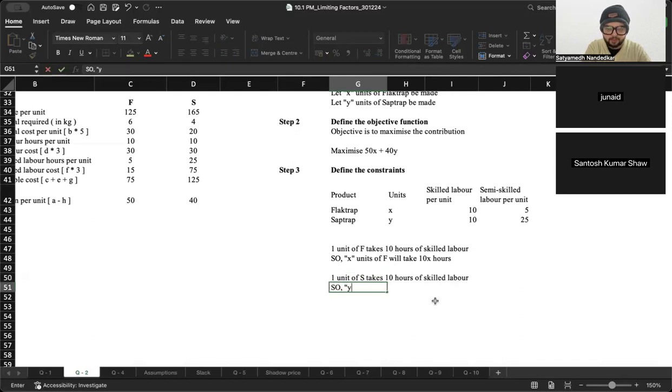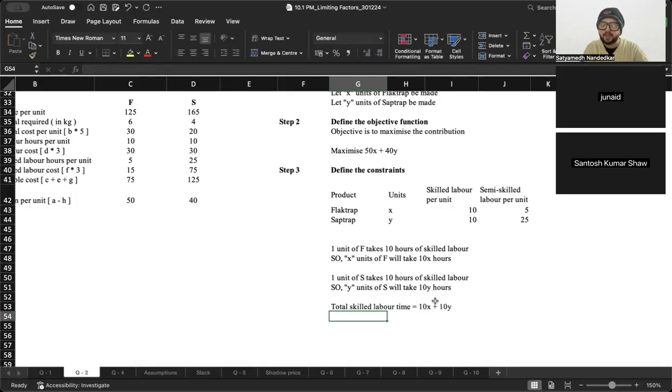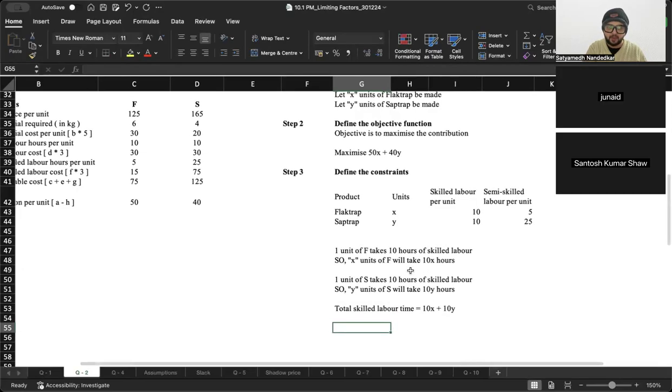So y units of S will take 10y hours. Okay, so total skilled labor time will be equal to 10x plus 10y.